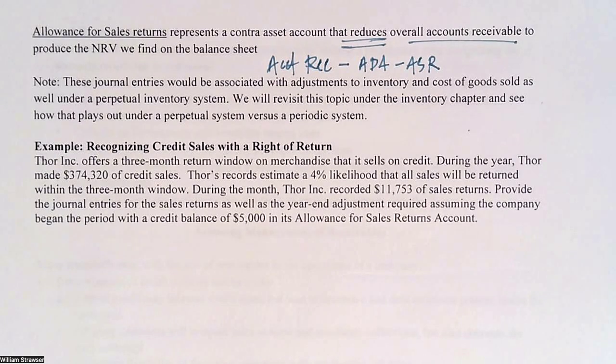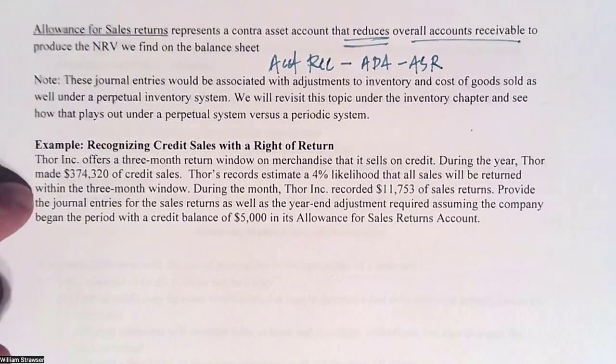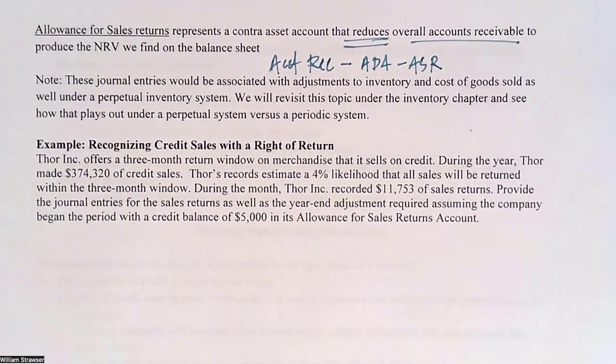So let's look at an example with a right of return. Thor Inc. offers a 3-month return window on merchandise that it sells on credit. They made $374,320 of sales, I'm sorry, sales of credit sales. Thor's records are that a 4% likelihood all sales will be returned within a 3-month window.